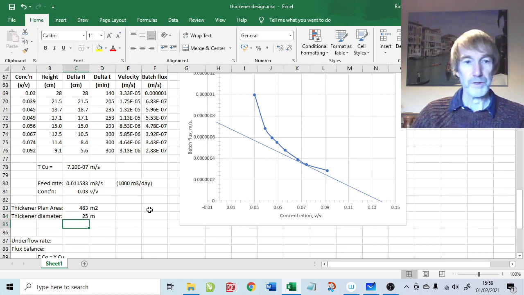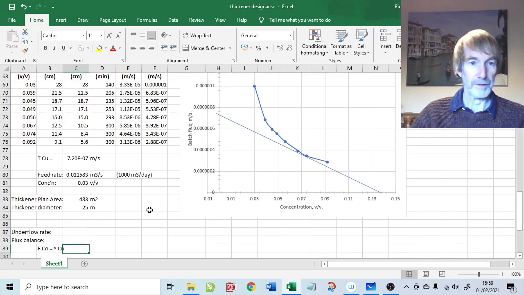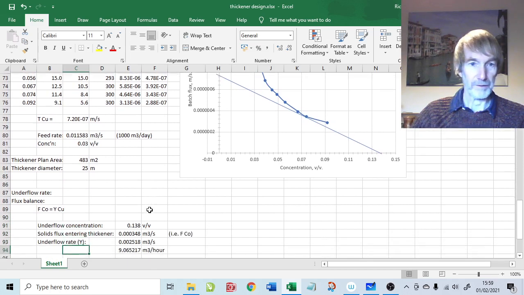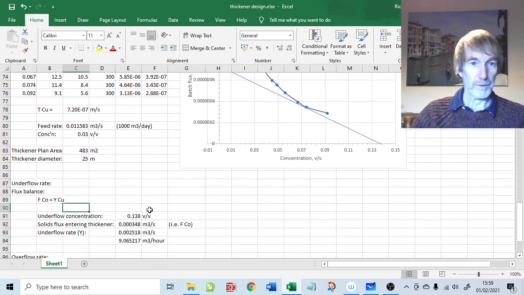Okay, well, the question does go on to ask about the underflow rate. Well, we can do another flux balance for the underflow rate. As you see just here, here is the flux balance. This is the feed rate times the feed concentration. That's got to be equal to the underflow withdrawal rate, meters cubed per second, times the underflow concentration, because all the solids are coming out the bottom.